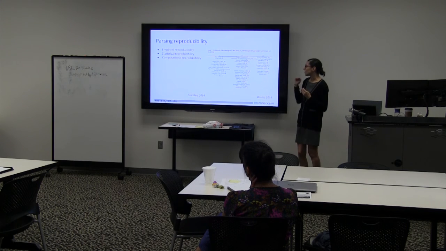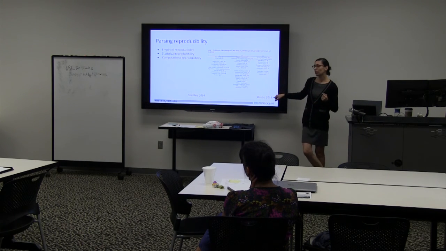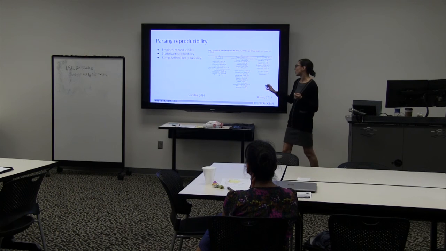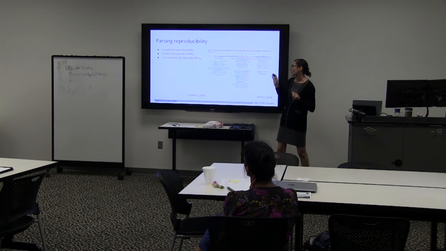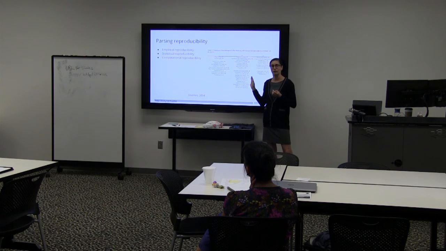So you can see here, this is a preprint from Lorena Barba, who tried to catalog all the definitions up till 2018 of reproducibility. And you can see there's no shortage of different definitions.